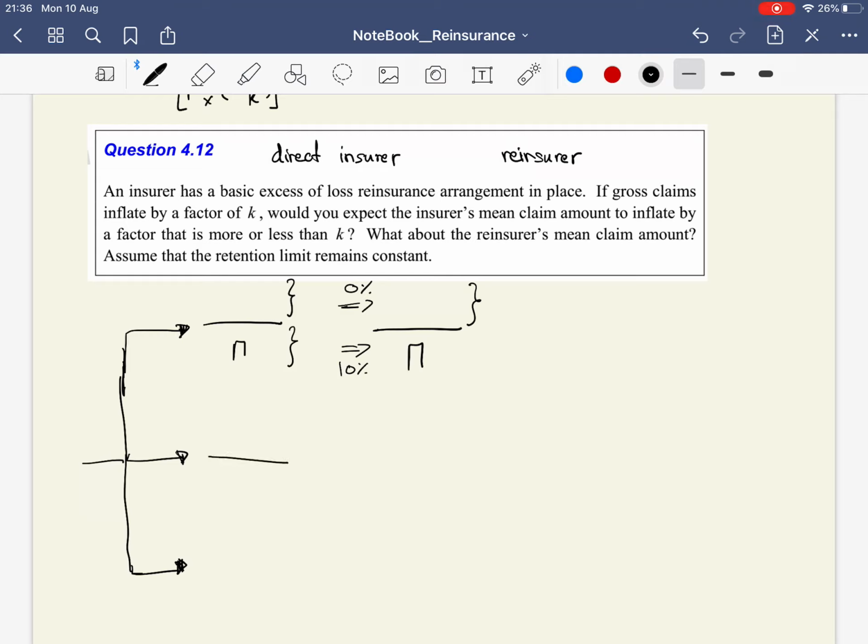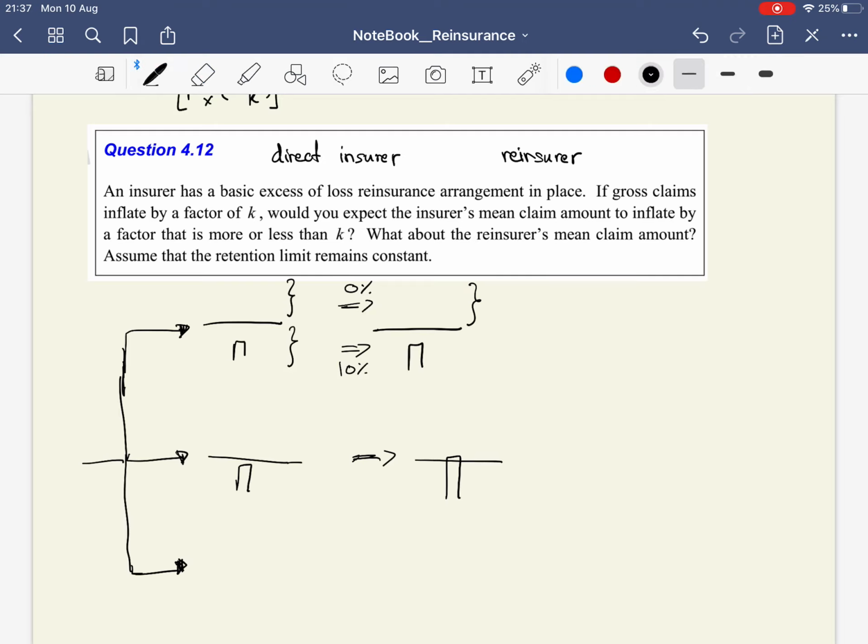Now let's say the claim is not way below but just a little bit below the retention limit, and now it's just a little bit above it. So what's going to happen? All of it rises by 10%, right? So the direct insurer will have a rise of less than 10%.